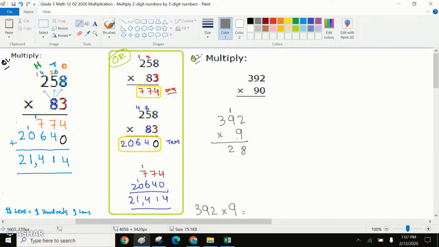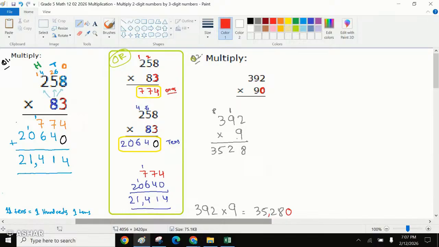Put the 8. 9 times 3 is 27, right? Plus 8, that is 35. Agreed? So when we multiply, this should come out to be 3528. And since we had a 0, we should be doing a 0 over here. That should be the answer.